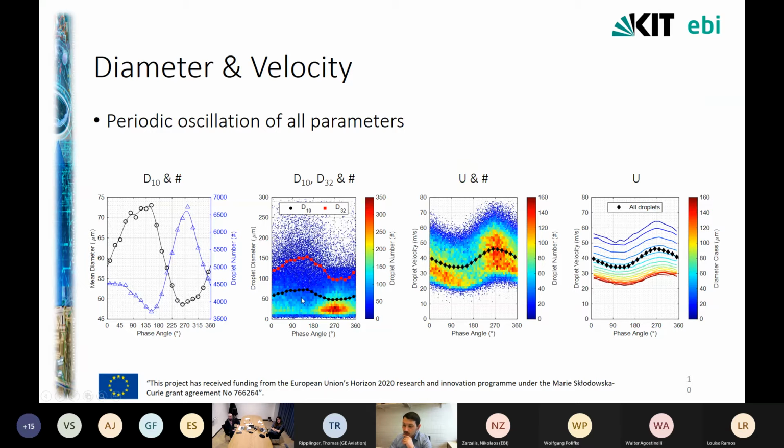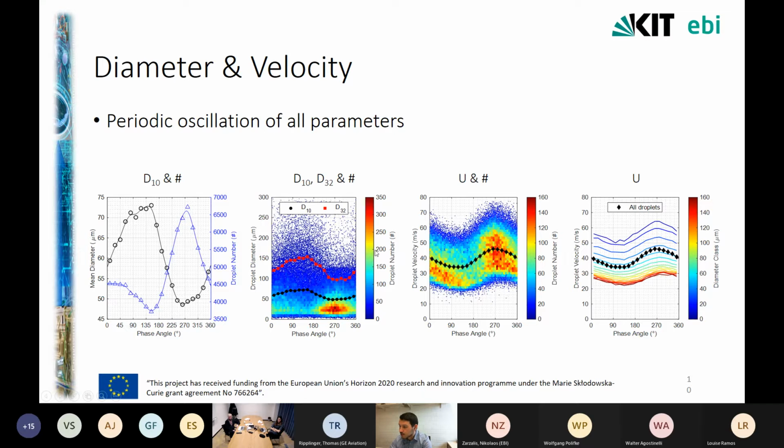On the second graph, we see the raw data of the droplet diameters collected through the PDA technique, and on top of those, we see two curves denoting the mean diameter, which is the same curve that we saw on the left graph, and the outer mean diameter, which follows exactly the same trend as the mean diameter, of course. Each dot on this graph is a single droplet of the total samples measured for this experiment.